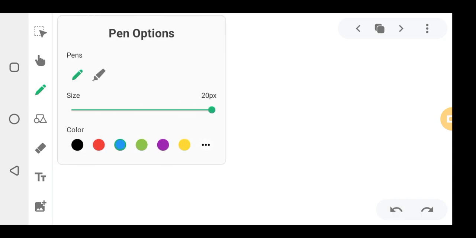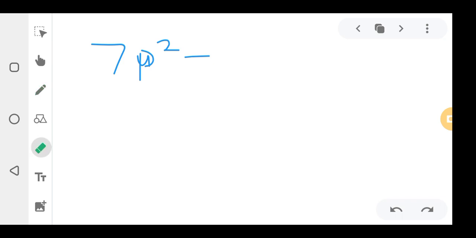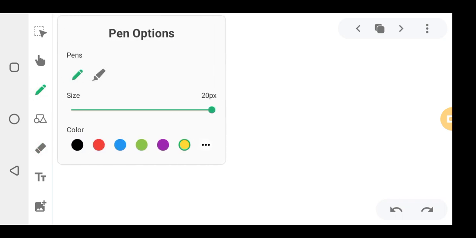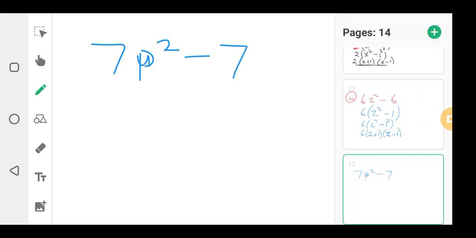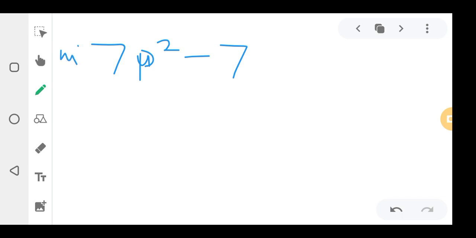It doesn't matter whatever number. It can be 7p squared minus 7. It's the same thing. That's question 3 now.